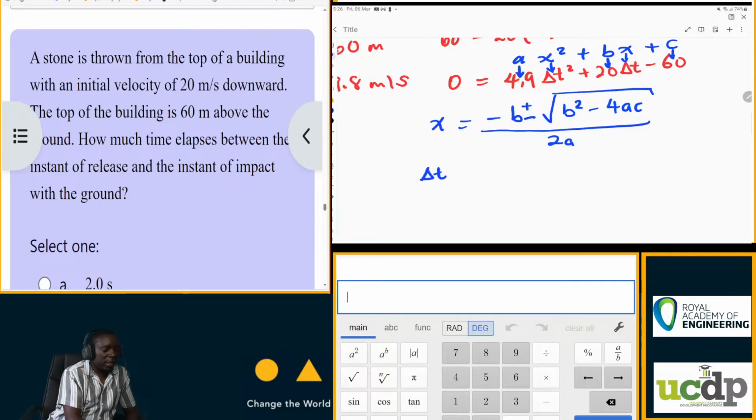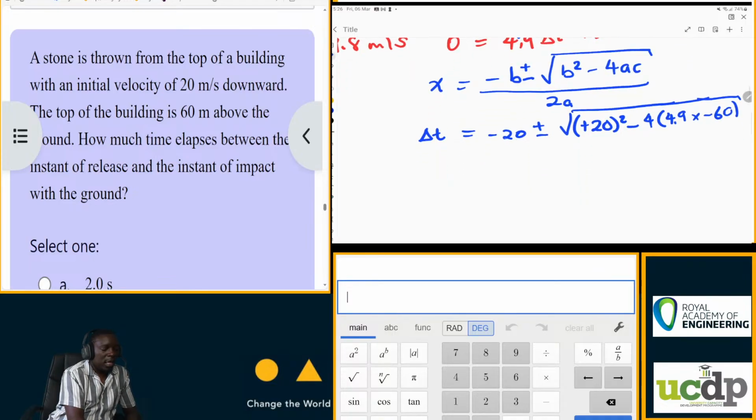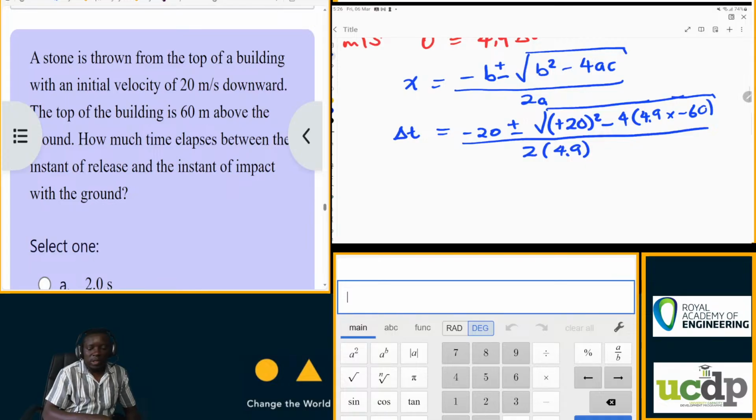Delta t is our x, equal to negative b, which is negative 20, plus or minus the square root of 20 squared minus 4 times a, being 4.9, times c, minus 60, everything over 2 times a. We can do the calculation. Let me see if my calculator behaves here.